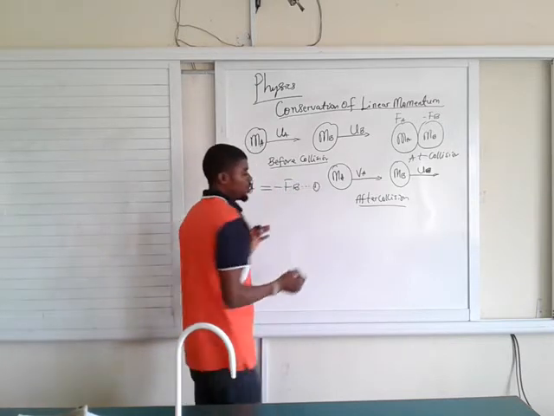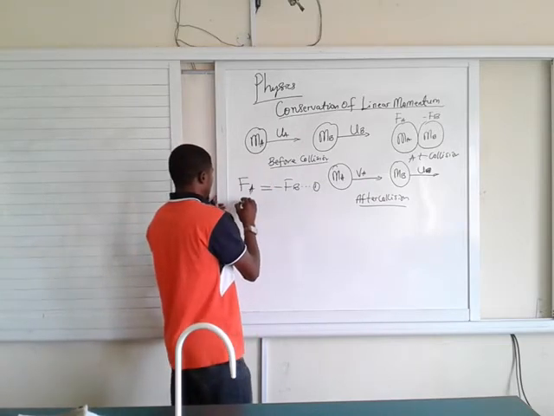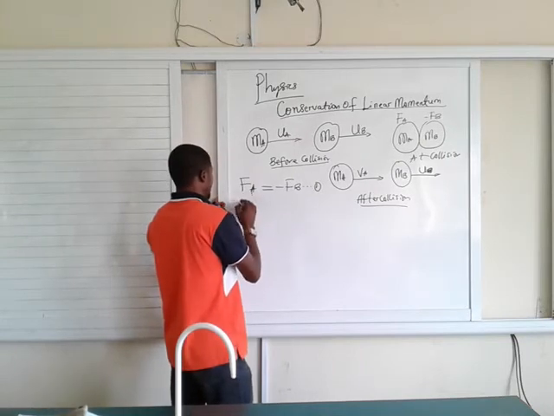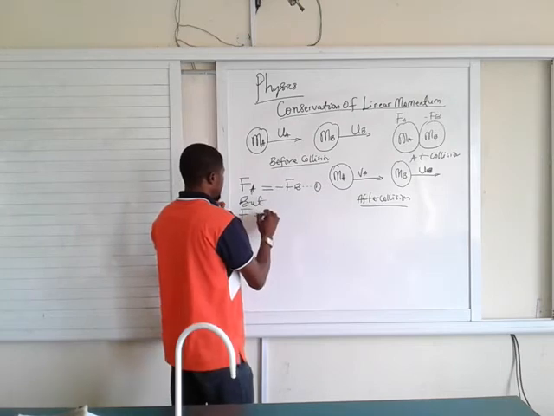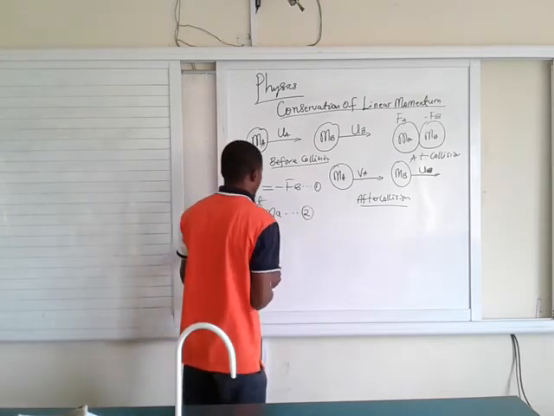Let's call this our equation number 1. Newton's second law of motion states F is equals to MA. Let's call this our equation number 2.